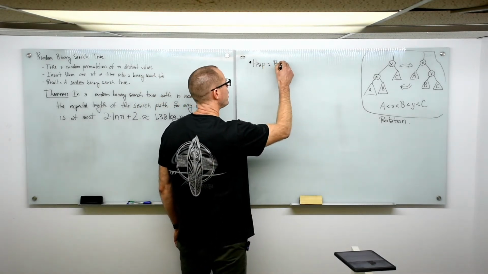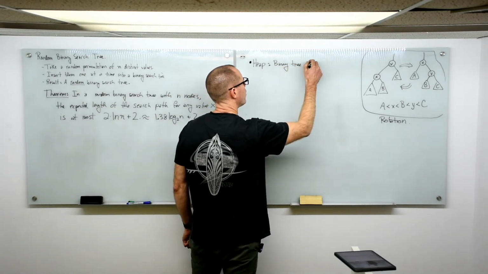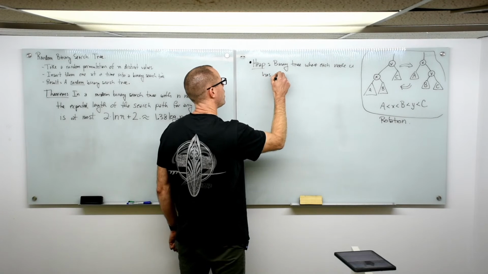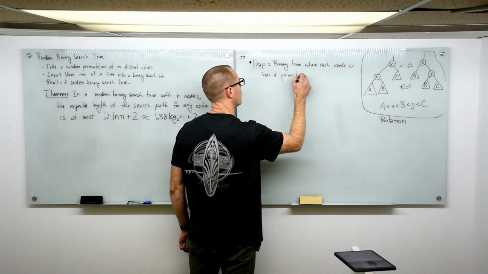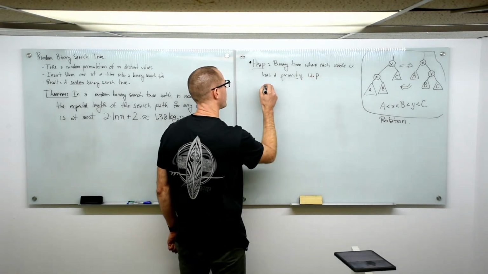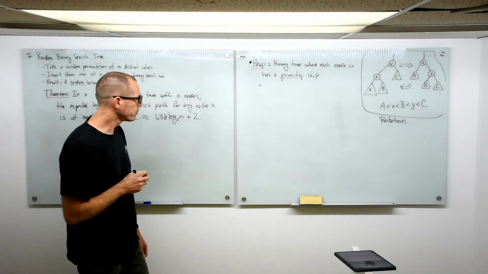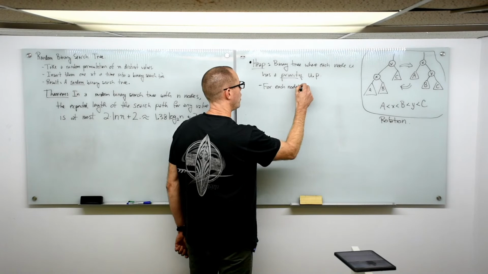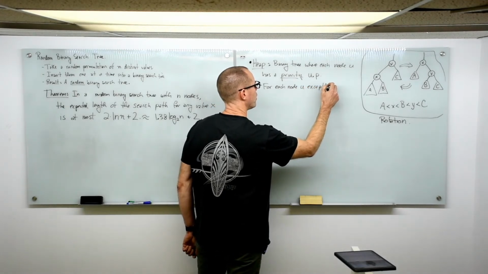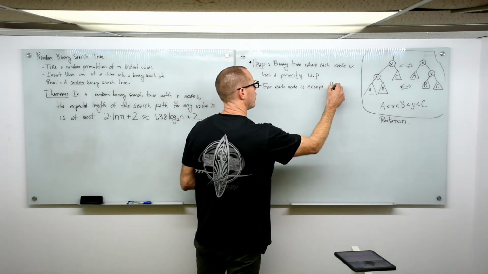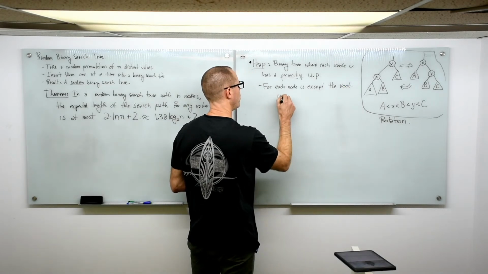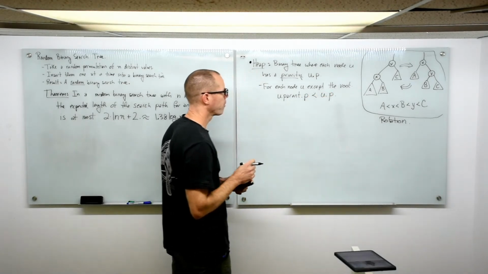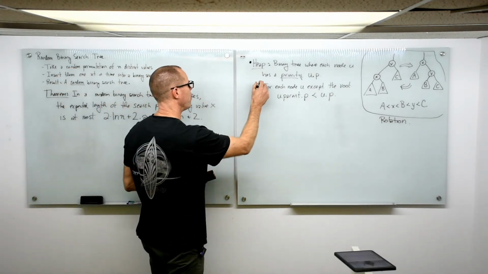And that is a binary tree where each node u has a priority, call it u.p, and it has a very special property, which is that for each node u except the root, u's parent's priority is smaller than u's priority. This is called the heap property.